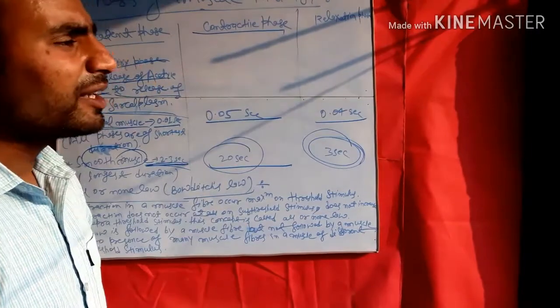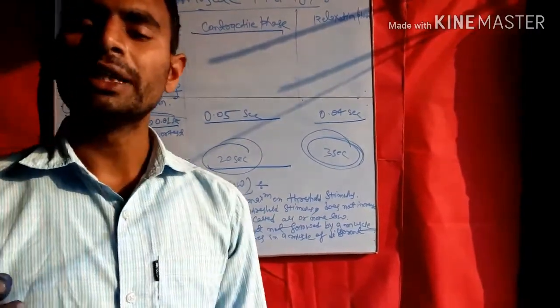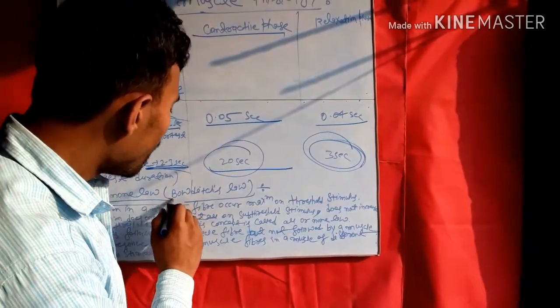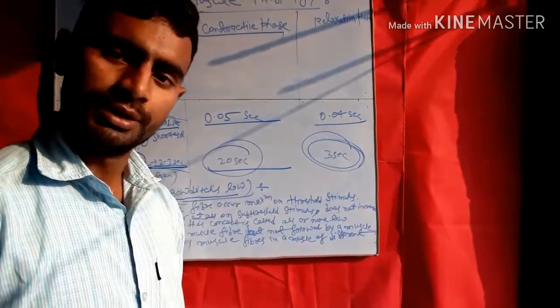Next term is the all or none law, also called Bowditch's law.